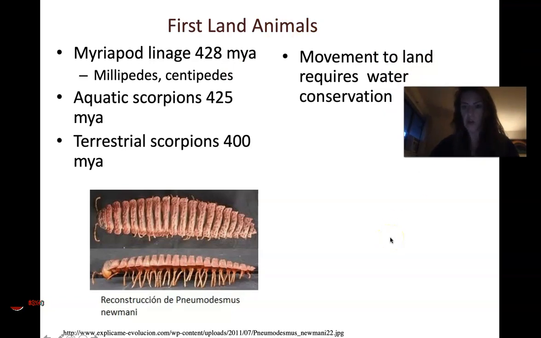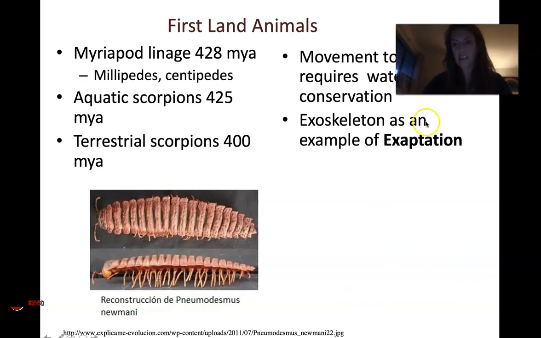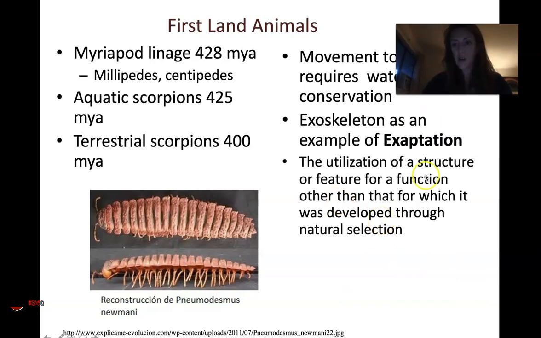Okay. And so this is a major strategy that we're seeing in arthropods, is that you see a lot of movement to land that requires water conservation, right? So if you're living in water, you're able to get water whenever you need it, even if it's salty. But if you're moving on land, now you really have to conserve water, okay? And so the exoskeleton is an example of something called an exaptation, where it was originally thought to have evolved for something else, okay?